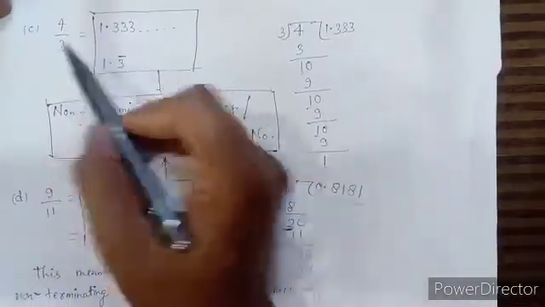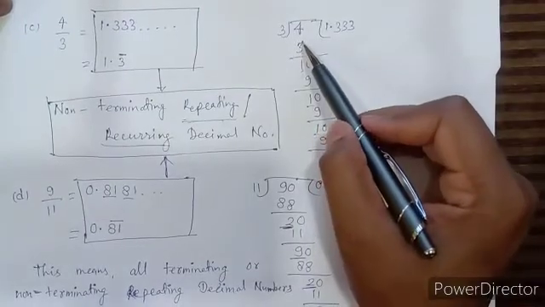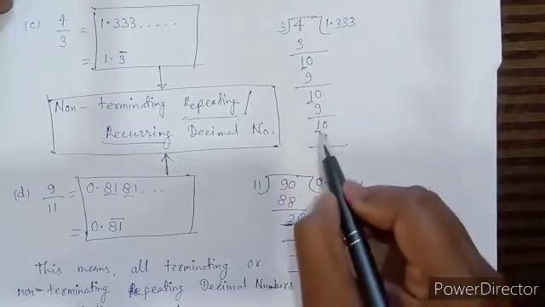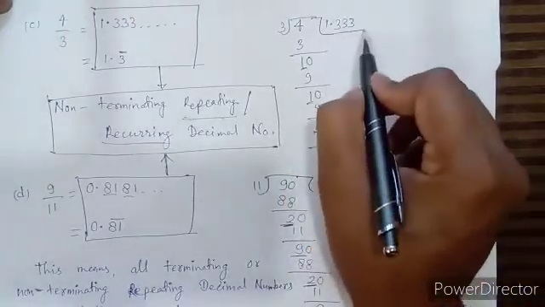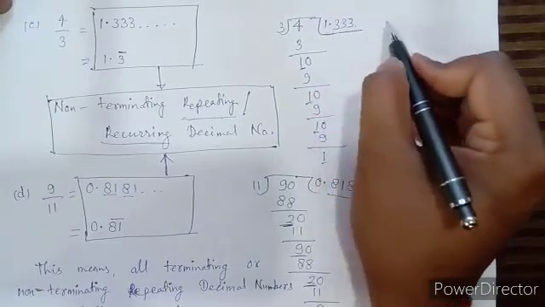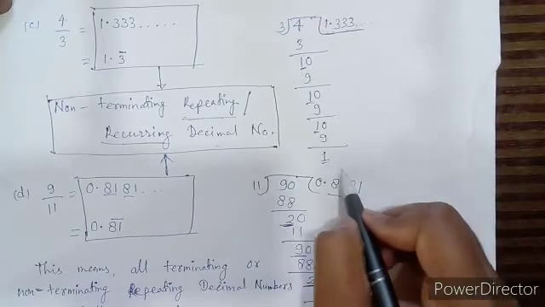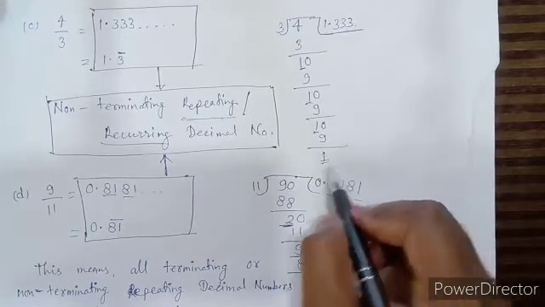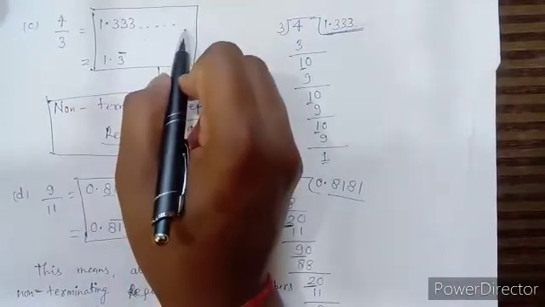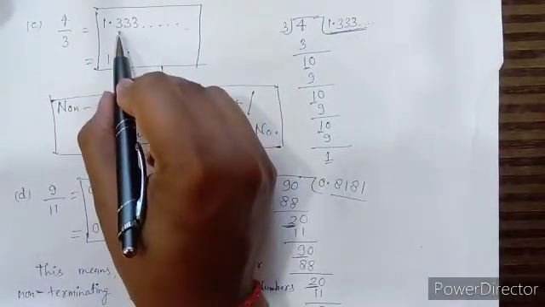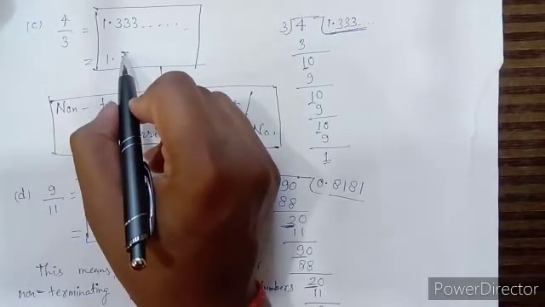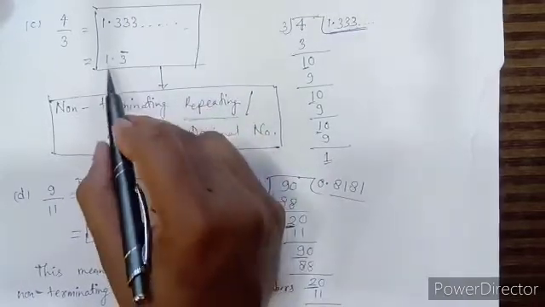After dividing 4 by 3, the remainder 1 keeps coming again and again, and the quotient is 1.333, where 3 keeps repeating. If one digit repeats again and again, we write 1.3 bar.